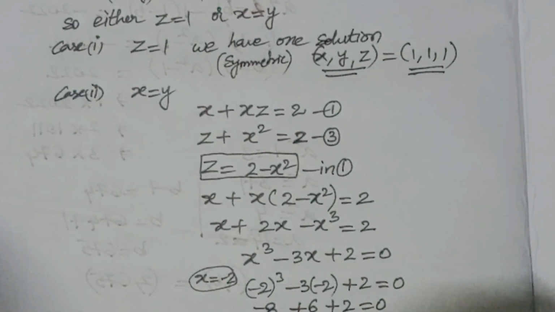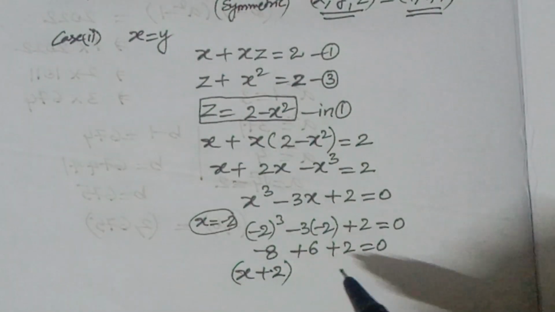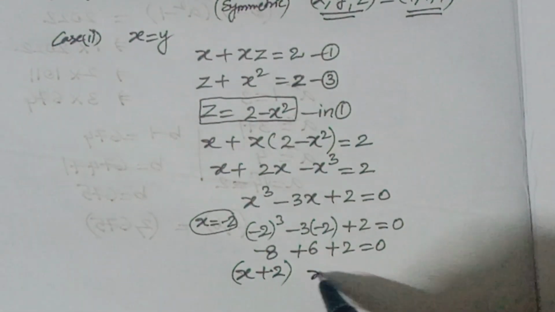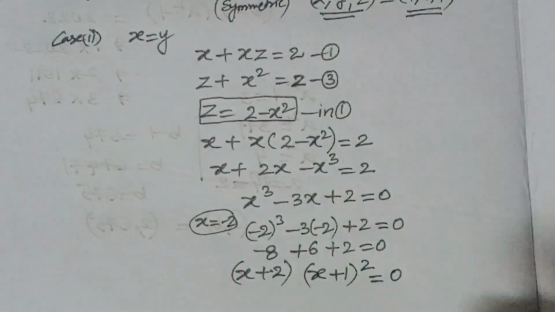So x plus 2 is a factor. The other factor will be (x minus 1) whole square equal to 0.